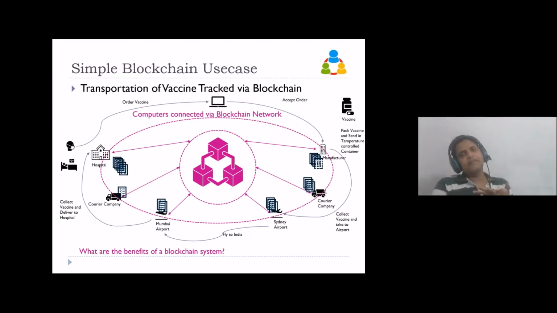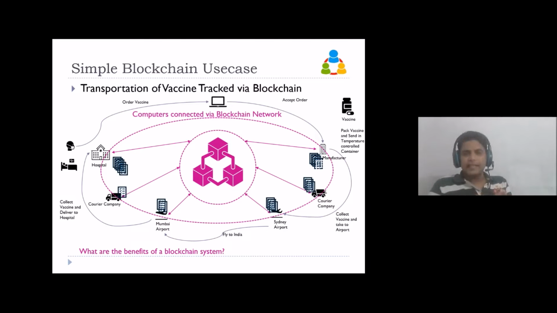That is why we call the blockchain network an immutable record of data. All the data inside the blockchain is immutable, and it is decentralized. Nobody owns the data. The moment you update the blockchain, it is replicated and broadcast to all the computers in the network, and everybody has that information.